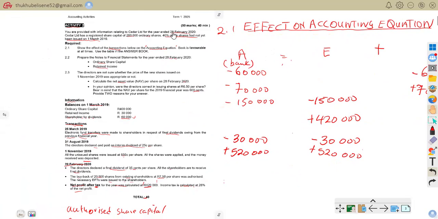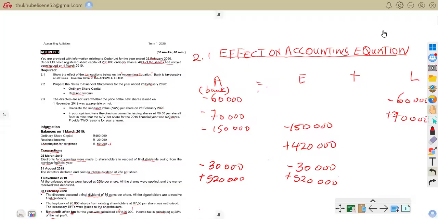So now we have to move on to another question. So now we are at 2.2. We are to prepare notes to financial statements for the year ended 28 February 2020.